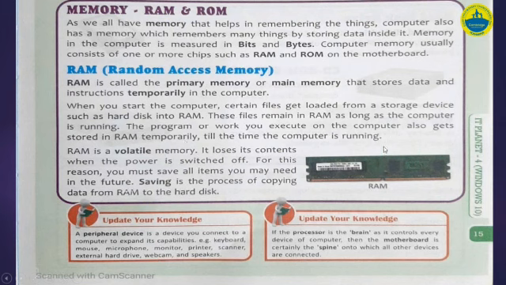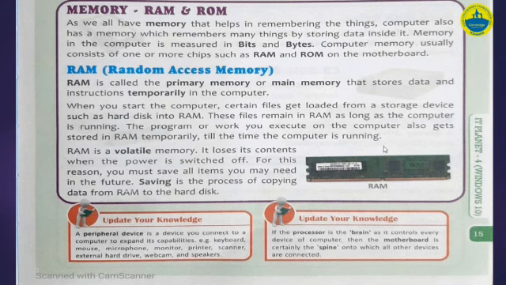Whenever you do some work, that work also needs some memory to work. That memory is called RAM, and it will be there as long as the computer is on.